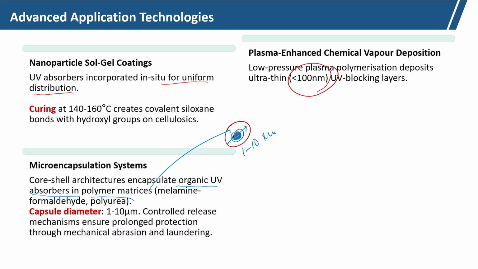It is a controlled release mechanism that ensures prolonged protection through mechanical abrasion and laundering. Whatever mechanical abrasion is there will be absorbed by the polymer matrix, but the actual UV absorber is encapsulated.